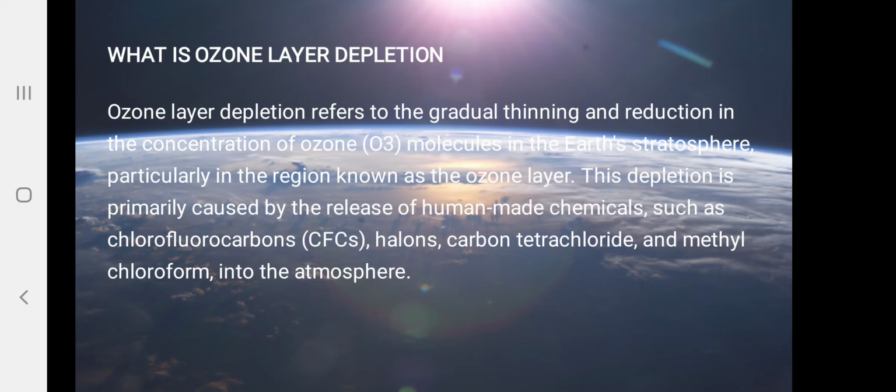This depletion is basically caused by humans because of chlorofluorocarbons, abbreviated as CFCs, halons, carbon tetrachloride, and methyl chloroform released into the atmosphere. Again, these are due to air conditioners and the fridges which we've been using.